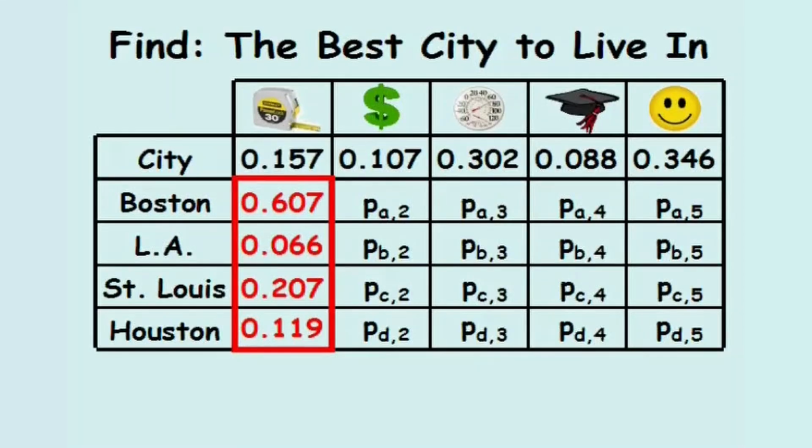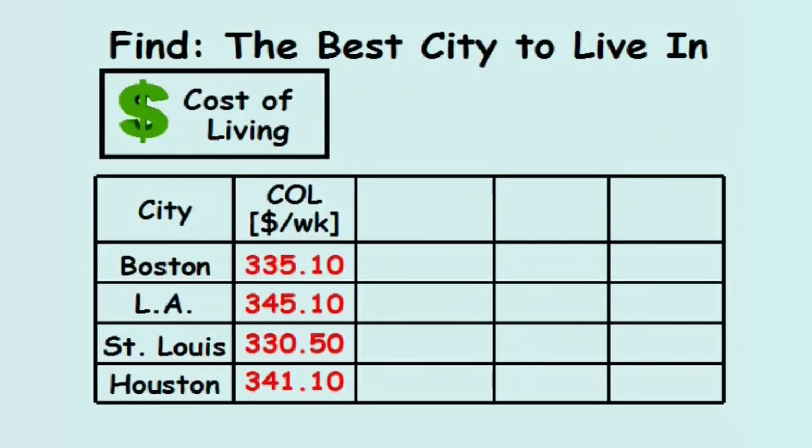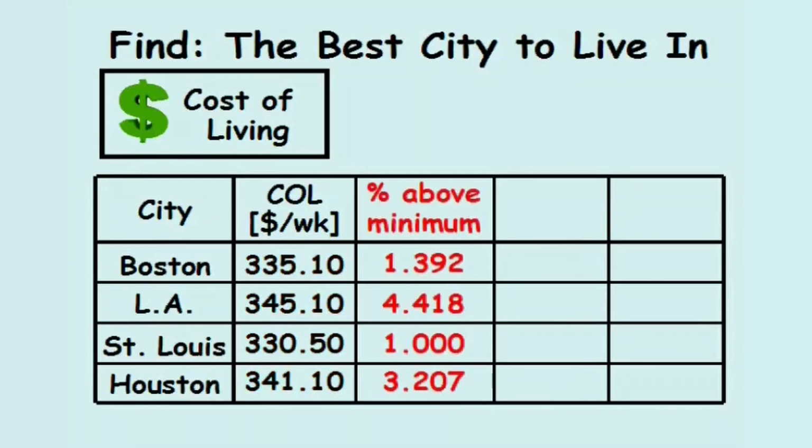Next, the cost of living criterion is analyzed, and the cost of living in each city for 1 week is added to a table. Since there is less variance in the cost of living than there was in the distance, the percentage of the minimum cost of living is calculated in the third column.